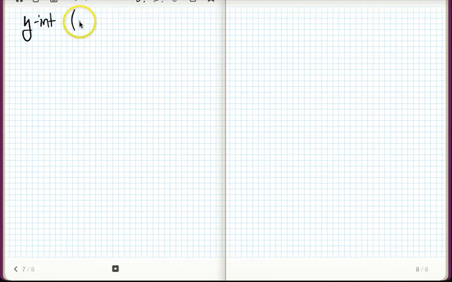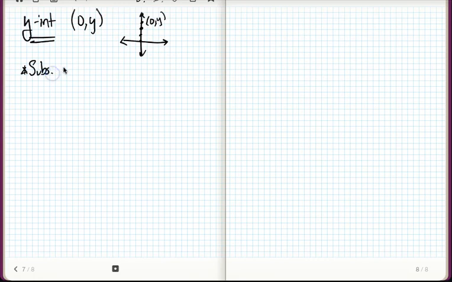Okay, so what's so special about the y-intercept? Well, it's very similar to the x-intercept. On the y-axis, all of our points here are 0, comma, some number. So it's 0, 0, 0, 1, 0, 2, 0, 3, 0, 4, and so on and so forth. So I'm going to substitute 0 in for x and solve for y.